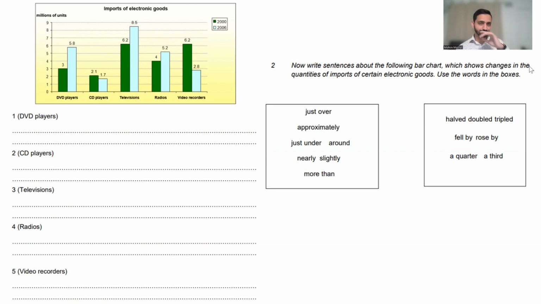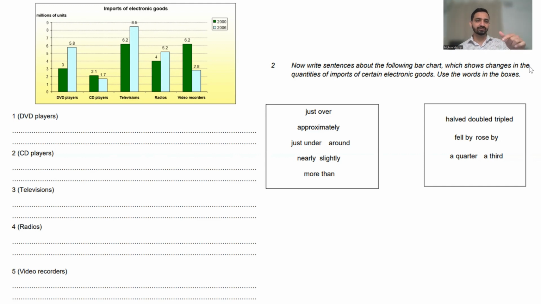On the vertical axis we've got millions of units, and on the horizontal axis we've got different electronics: DVD players, CD players, televisions, radios, video recorders, etc. You have these phrases in the boxes: just over, approximately, just under, around, nearly, slightly, more than, halved, doubled, tripled, fell by, rose by, a quarter, a third. Try to use all of these phrases and make sentences.